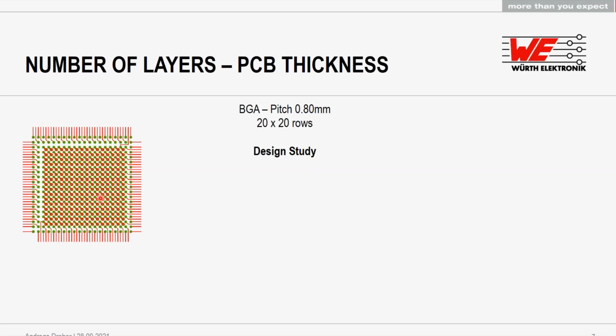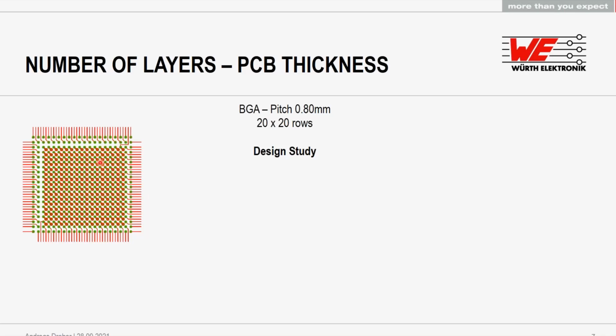We have here 400 pads, and the solder pads have a pitch of 0.8 millimeters. And in this example, we exclude any ground layers, and we just have a look at a signal layer.